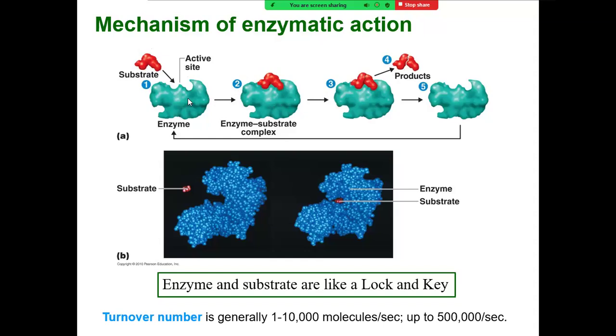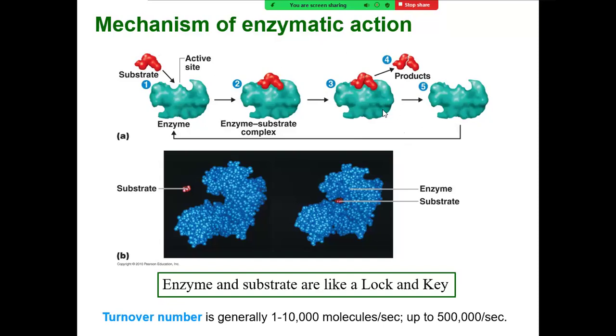That's how an enzyme reduces the energy of activation, by putting stress on the chemical bonds of the substrate, converting them into the chemical bonds of the product. Once the substrate is converted into the product, it'll fall off of the enzyme, and then that enzyme is free to bind with another substrate. Any questions about the lock and key model?